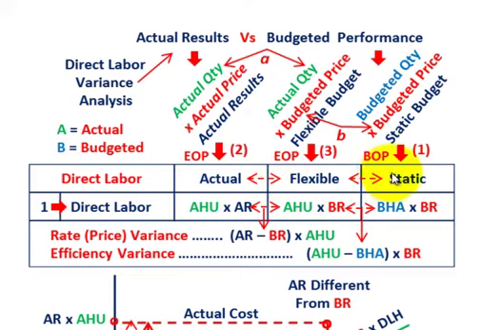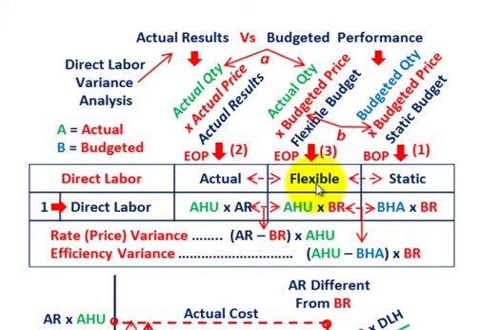We're going to be comparing the variances between those amounts. So for our direct labor, our actual amount would be the actual hours used in direct labor for the period times the actual rate. There would be some actual hourly rate or price that we're paying for this direct labor. So that's for our actual results.